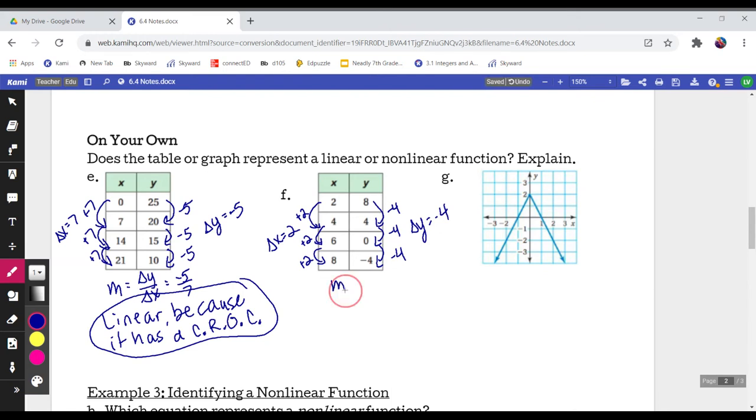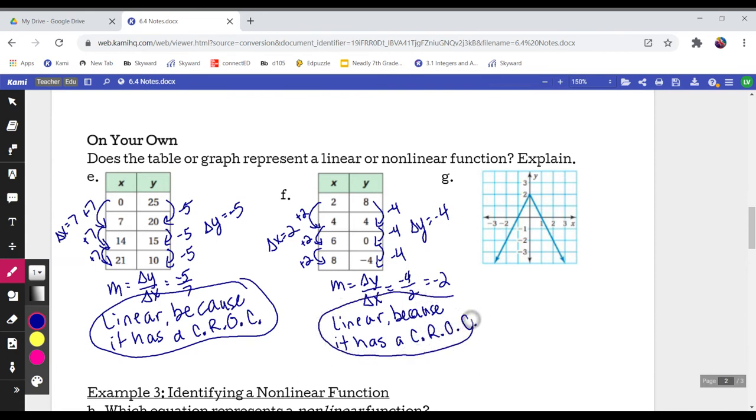So I can make a slope again, change in y divided by change in x, of negative 4 divided by 2, which is negative 2. So this is linear because it has a constant rate of change. Letter G. If you look at the graph, these are not straight lines.